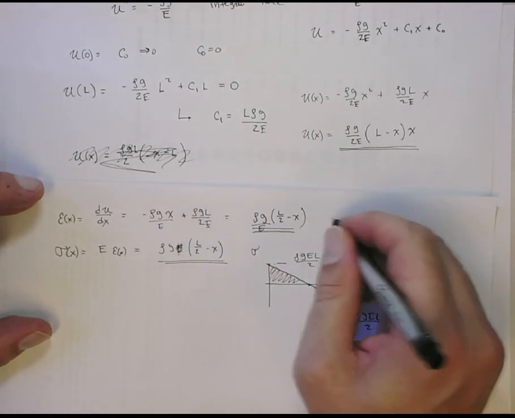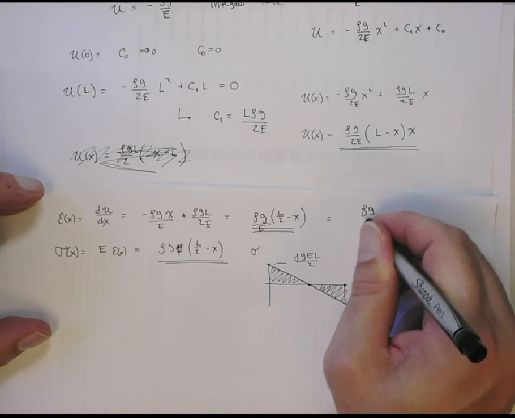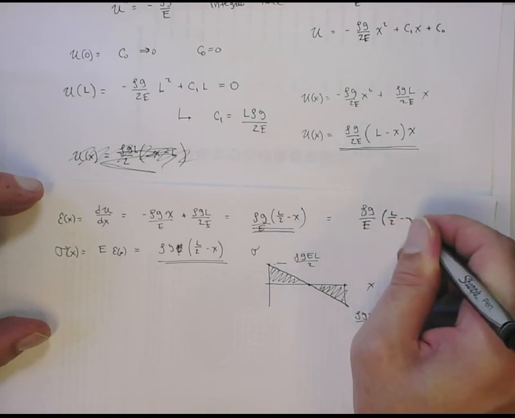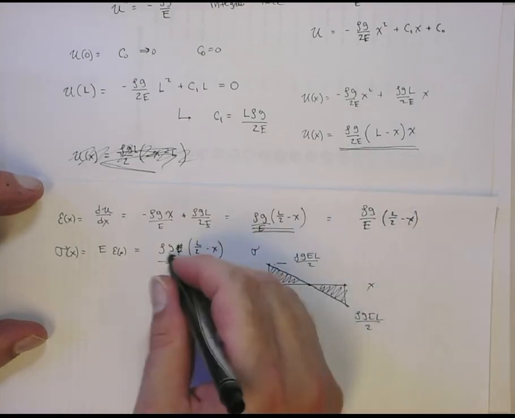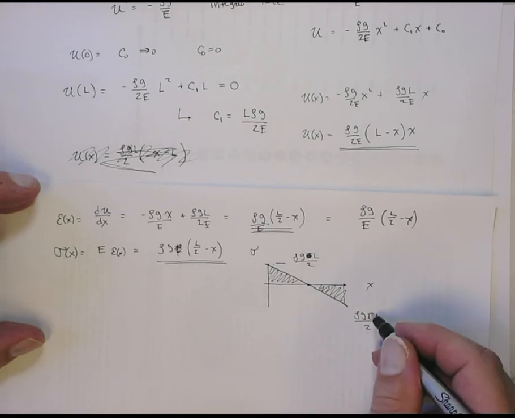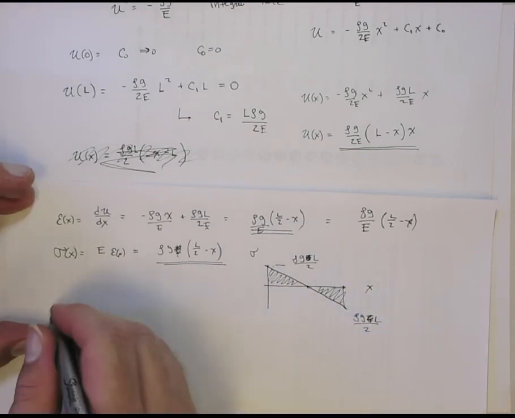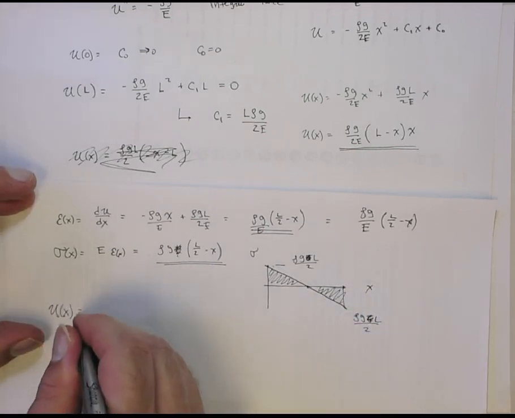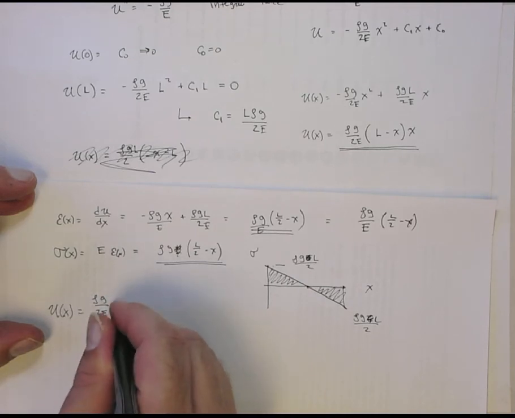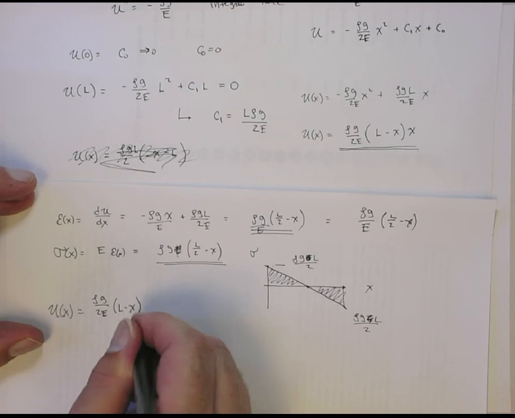So the strain is actually rho g on E, L on 2 minus x. The stress is rho g, L on 2, in that form, and then the displacement, again, let's just get it right, rho g on 2E, L minus x times x.